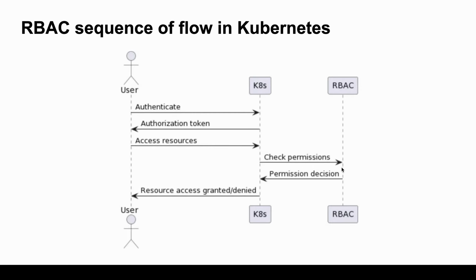After checking the permissions, RBAC sends the permission decision, and according to the decision, the user can access the application and resources, or it cannot. Which means resource access can be granted or denied. So this is a simple workflow of how Kubernetes implements RBAC.